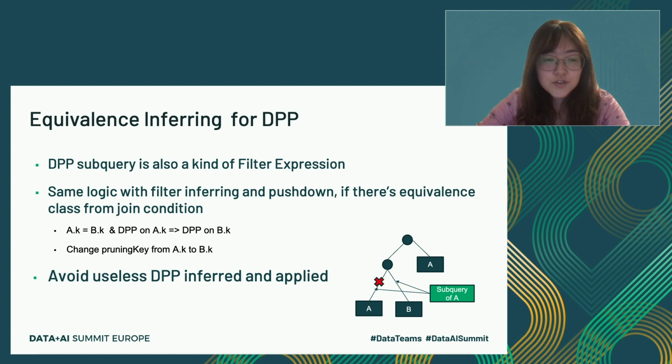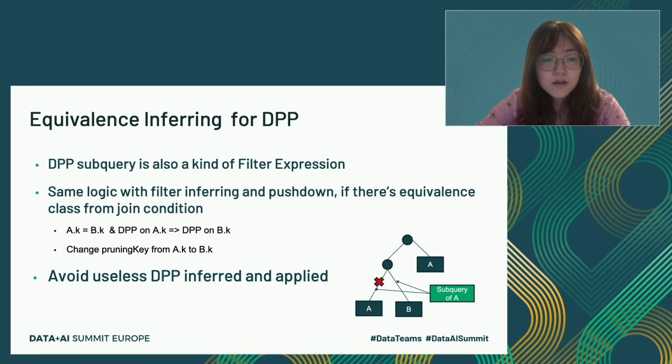The logic should be similar, but one thing which is different is the equivalent class. If there's an equivalent class for a join condition, for example, if we have a join condition from table A and B, and we also have a DPP on table A, we should infer that the DPP subquery filtering can also be applied on table B.